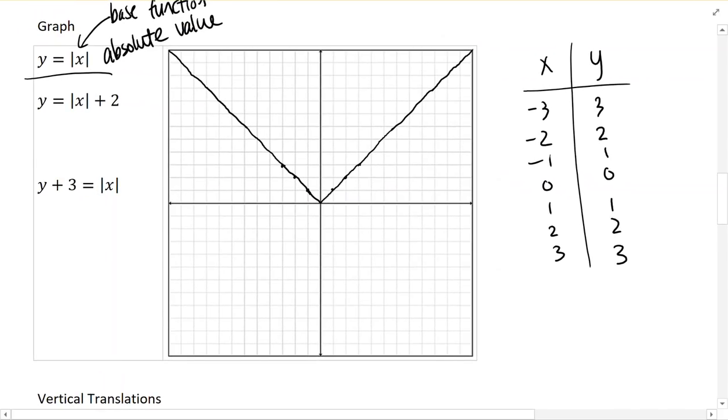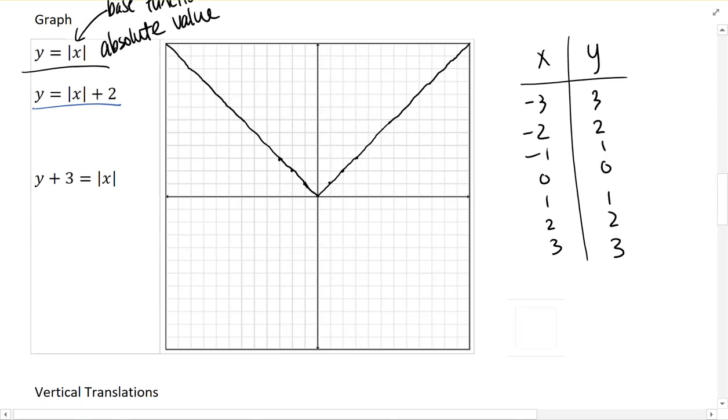Now, looking at our next one, we're going to graph this one in blue. If you think about it, if absolute value x gave us the values here in black, then if we have our blue function, everything must just add 2.